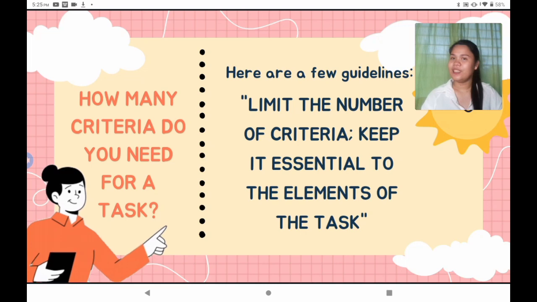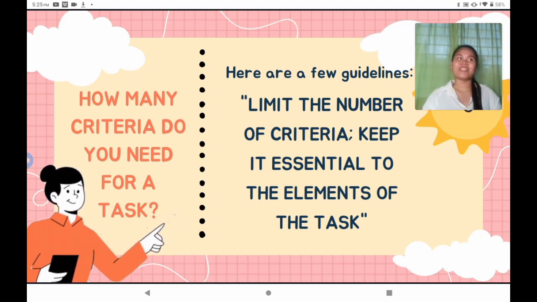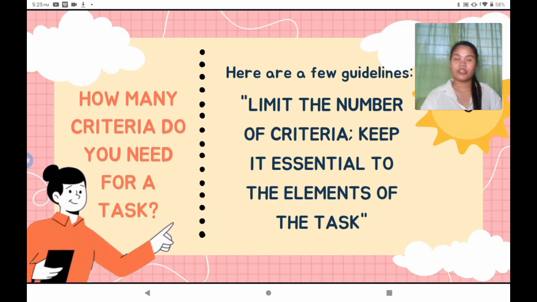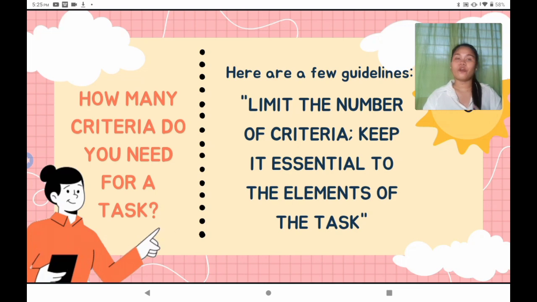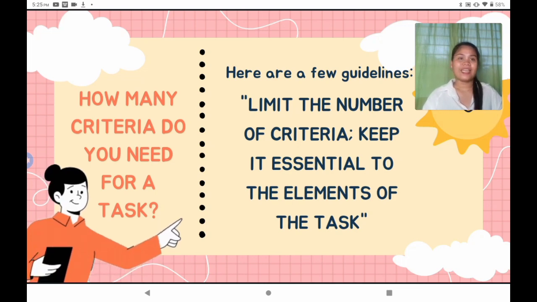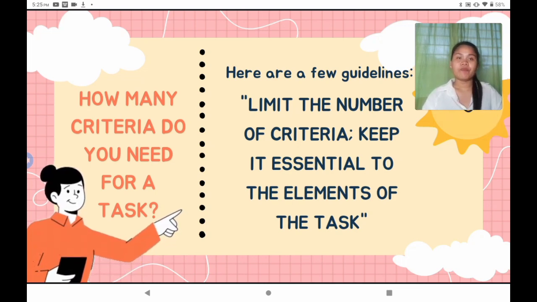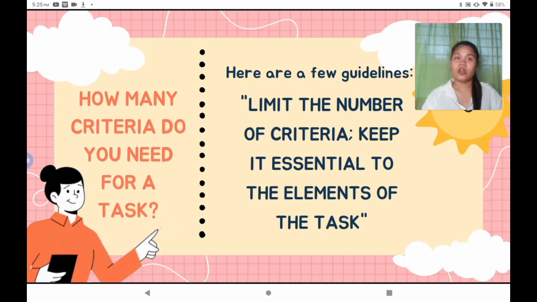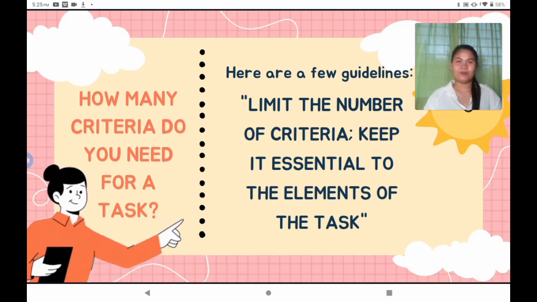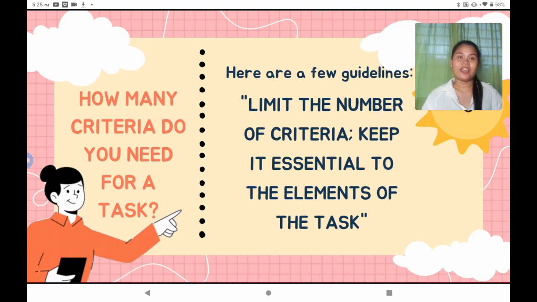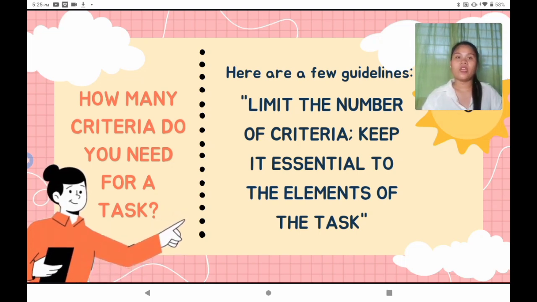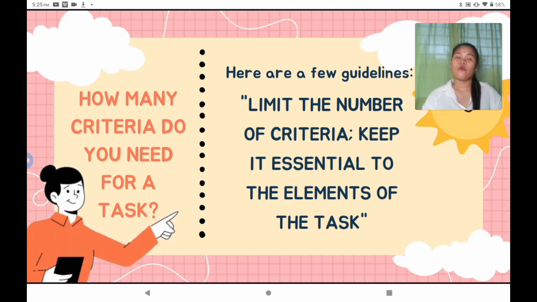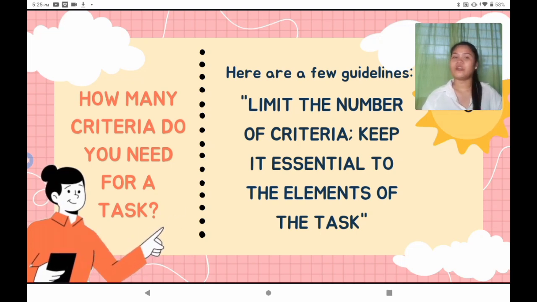Yes, it is possible to use one criterion. However, it is also possible to use two or more criteria as long as it is appropriate to your students' capabilities. So, here are a few guidelines that we need to remember as we craft our assessment or make our criteria for a certain task.